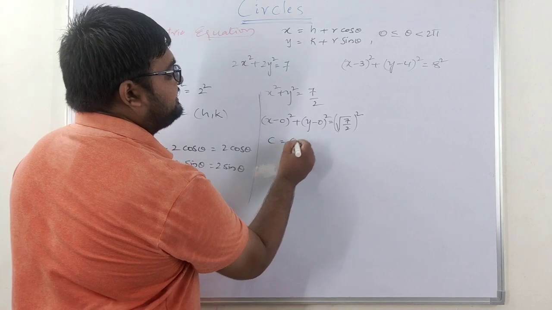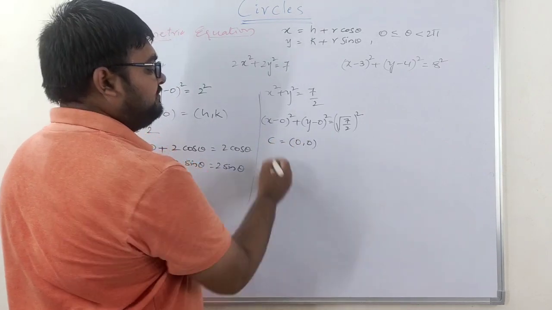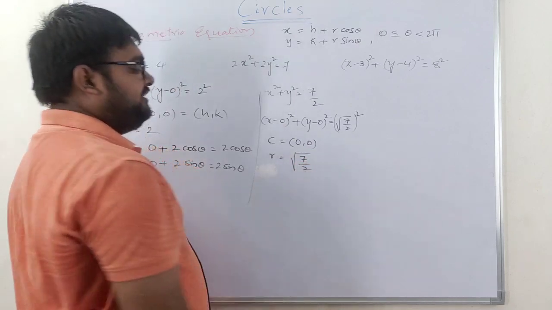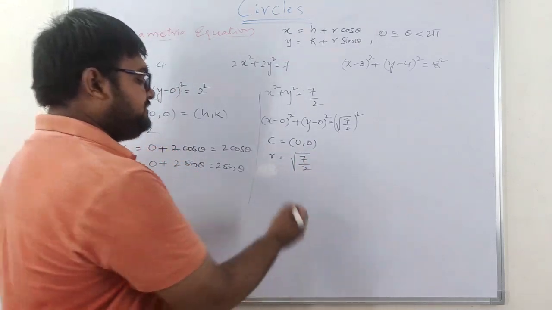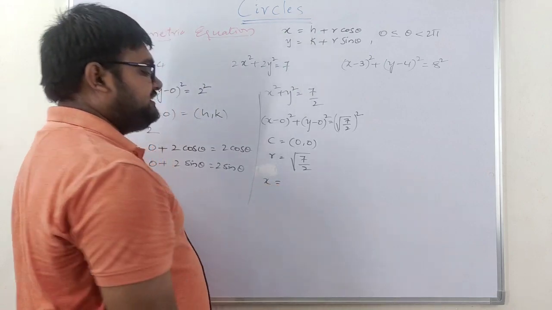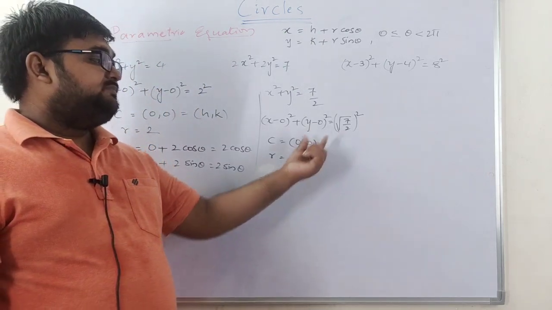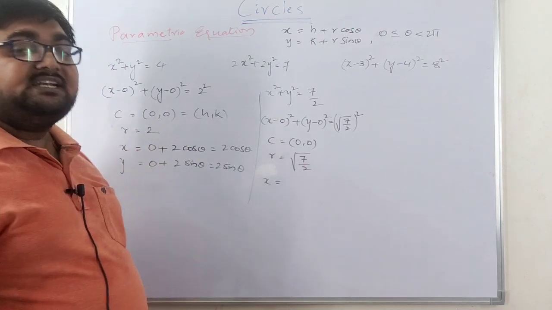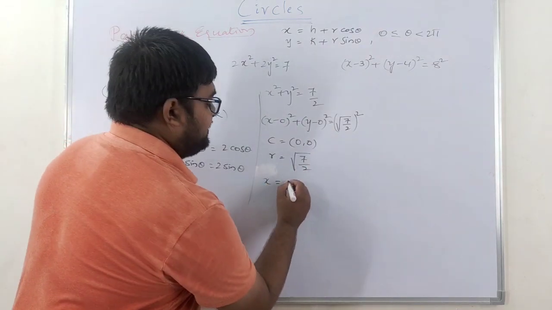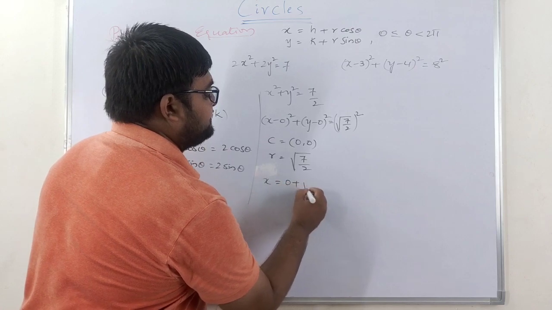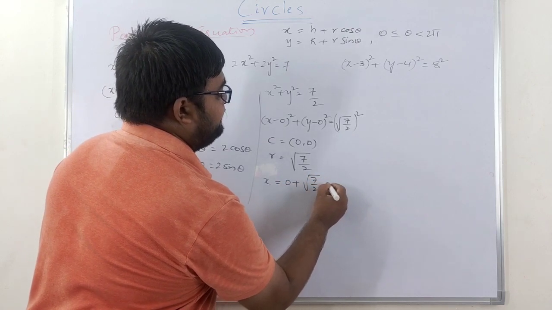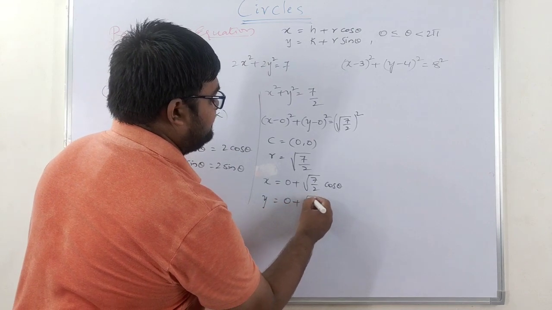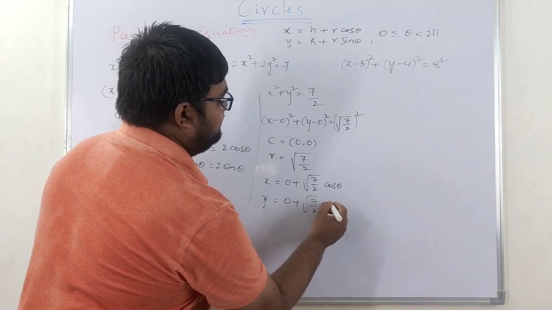So from this, the center is 0 comma 0 and the radius is square root of 7 divided by 2. Now already we know x is equal to h plus r cos theta, y is equal to k plus r sin theta. So here you are going to get x is equal to 0 plus root 7 by 2 into cos theta, y is equal to 0 plus root 7 by 2 into sin theta.